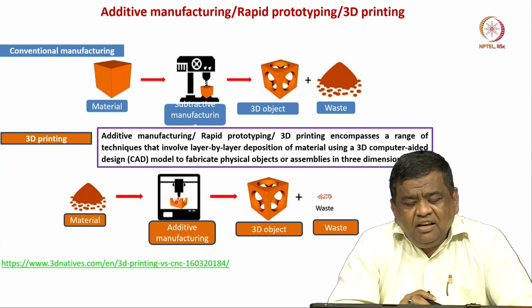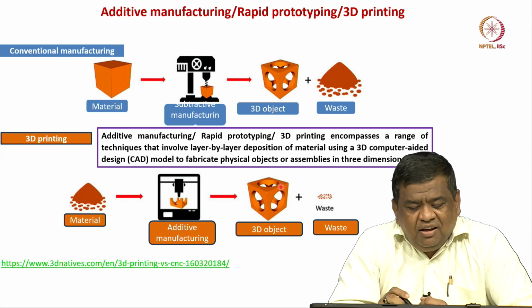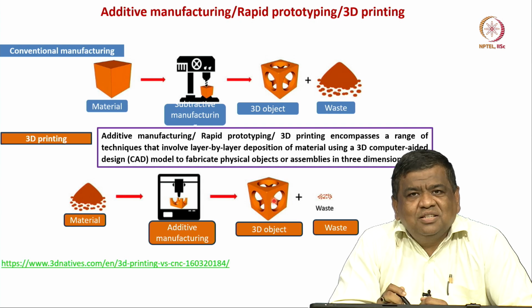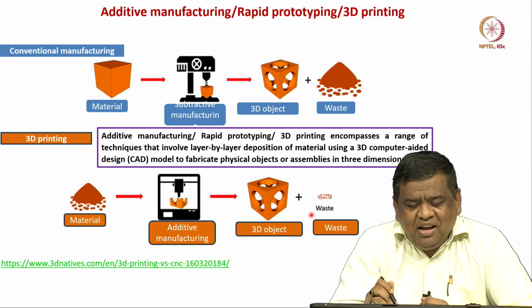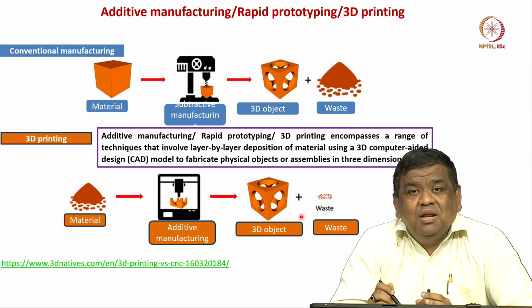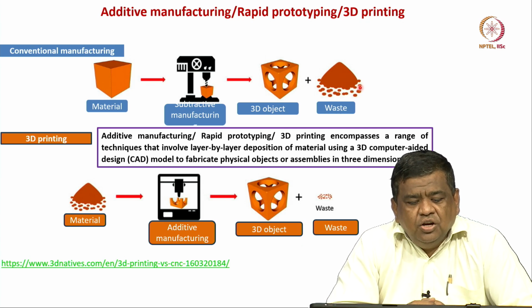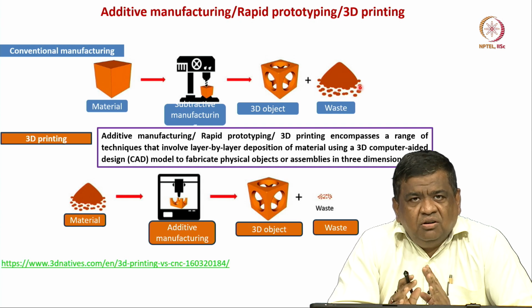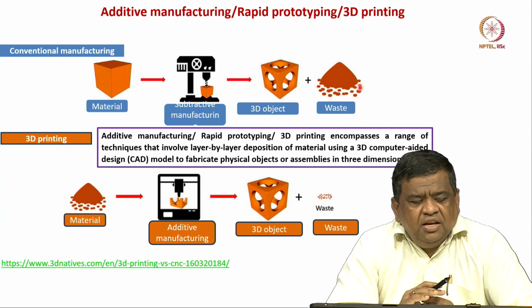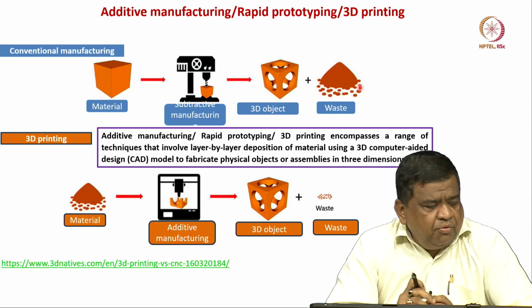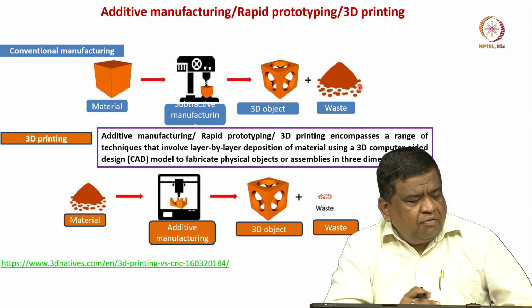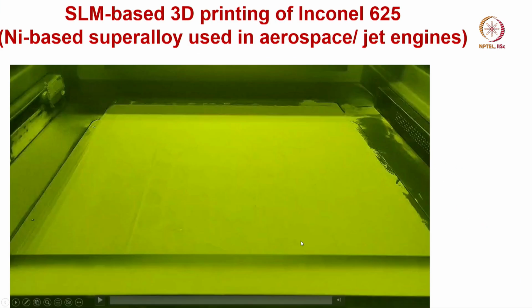So, you can get the same 3D object with specific holes, but here the wastage of materials is minimal or almost negligible compared to the wastage in conventional manufacturing. So, these differences between conventional manufacturing and additive manufacturing must be clear now in your mind after looking at these specific examples.